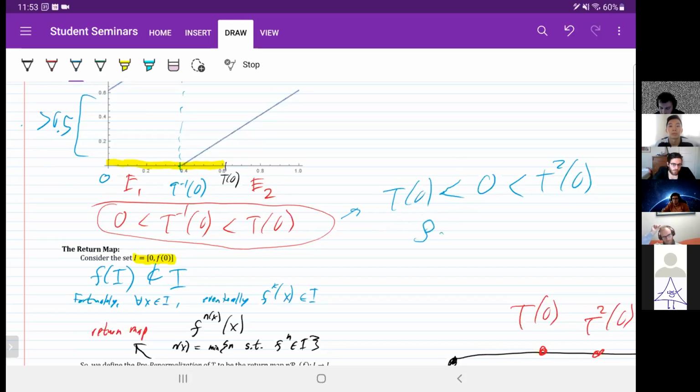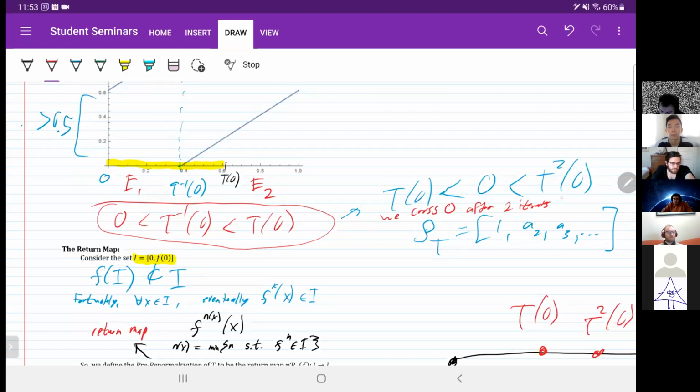So this is equivalent to saying that rho t is 1, a2, a3. Establishing this condition tells us that we cross 0 after 2 iterates, but not 1.